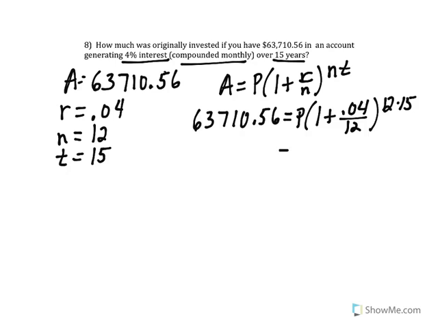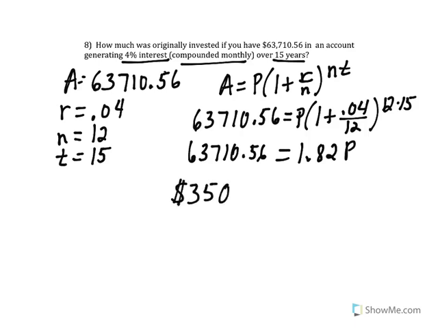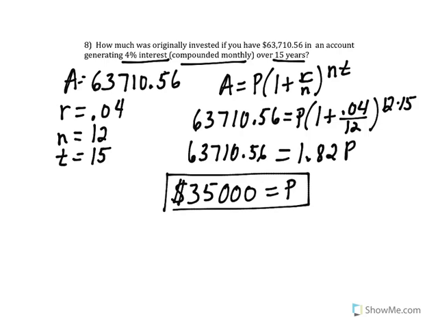That's going to give us 1.8203, and so on. So at this point, you're going to do 63,710.56 divided by second negative sign, or go back and grab the answer, and we get about 35,000. So we have some decimal places, but since we're just going to be doing it to 2, this actually would round to 35,000 even. It's not quite that, but it's close enough.